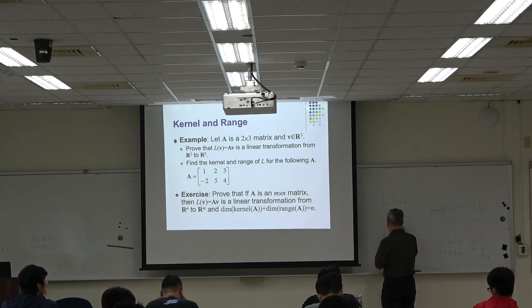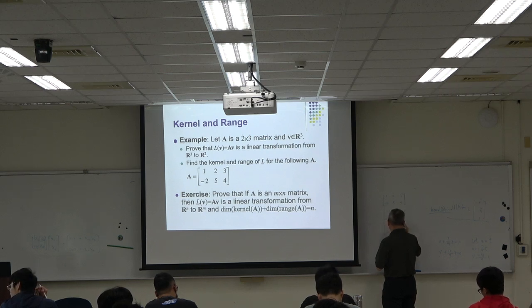Obviously, we can make it 1, -2, 0, 1, 0, 1, and then we continue to do the elementary column operation, sorry.